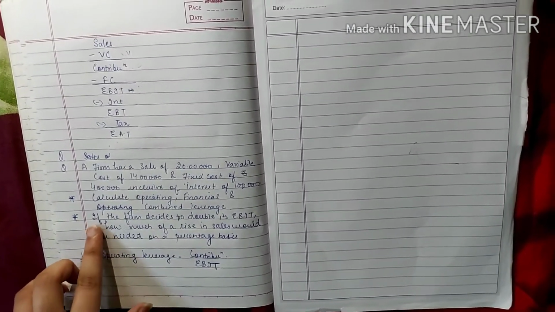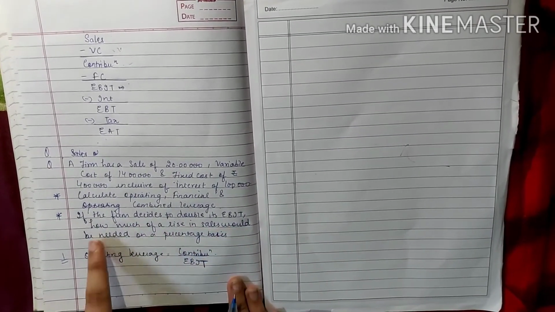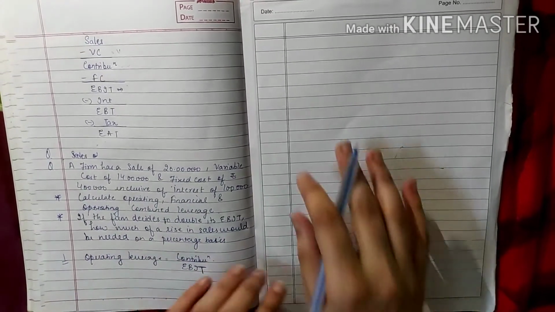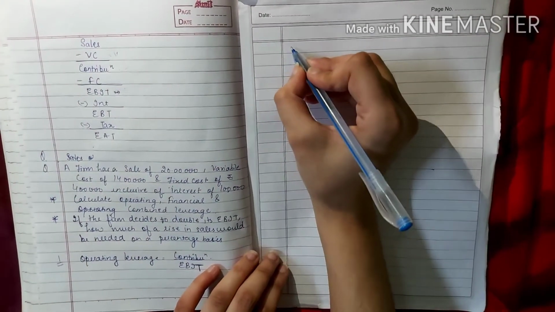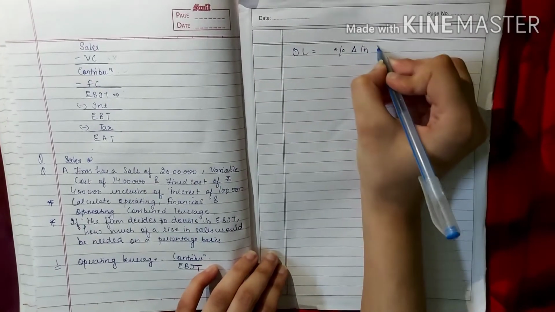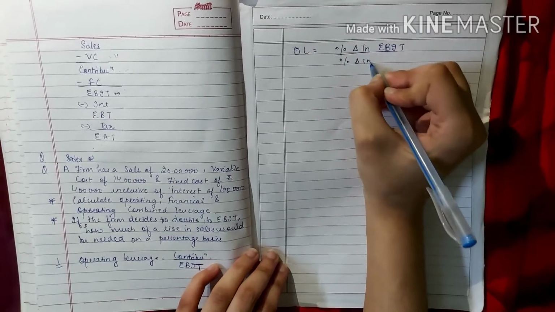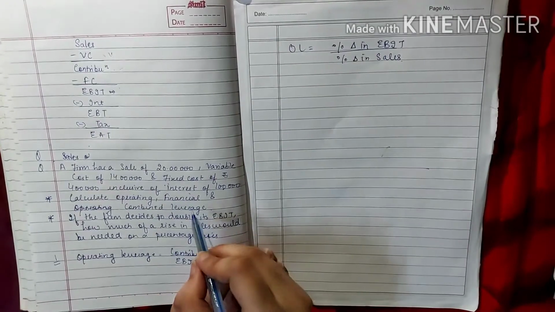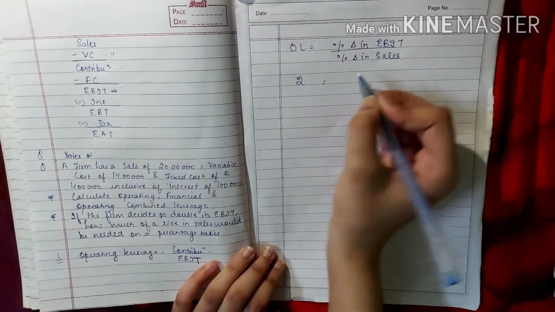Now moving on to the second part. The second part says, if the firm decides to double its EBIT, how much of a rise in sales would be needed on a percentage basis? So to solve this question, you have to use the second formula of operating leverage, which was percentage change in EBIT upon percentage change in sales. So we calculated operating leverage in the first part, which was equal to 2.